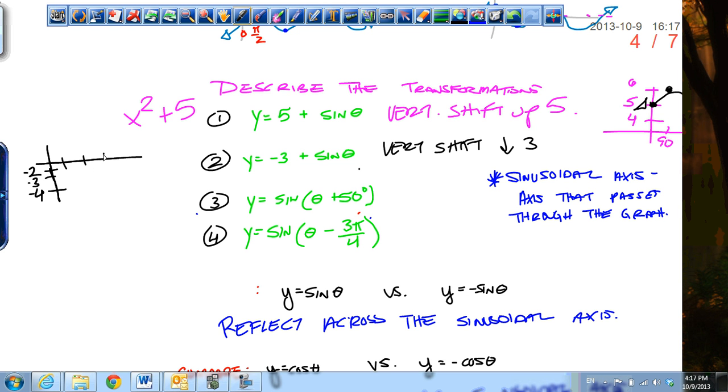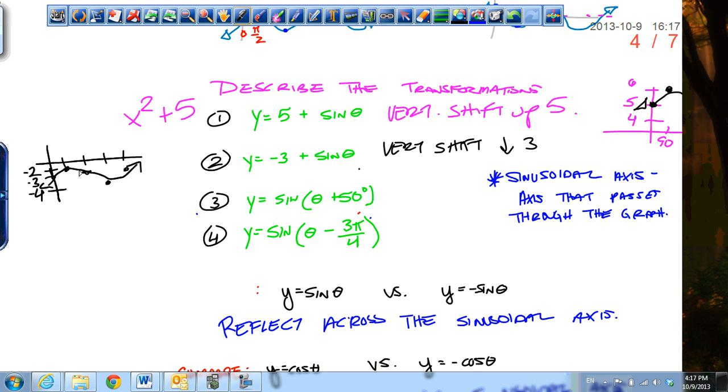At 0, I'm going to be here. Oh, sorry, I messed that up. 0 is -3, 90 is here, there, boom, and boom. So there's my graph again.